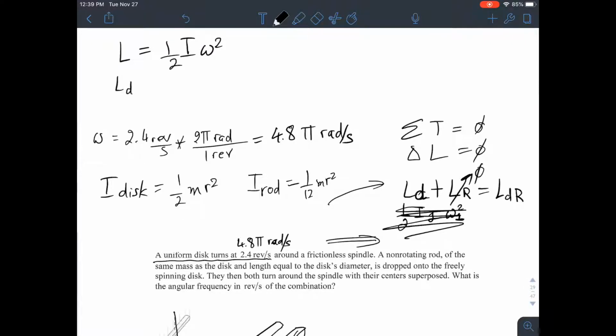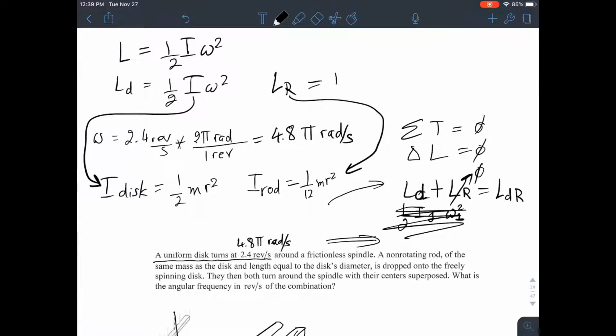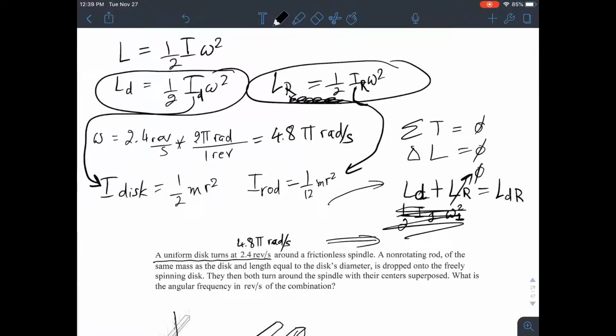What is it for the disk? Well, it's 1/2 again, I times w squared. And the formula that you'll substitute for the disk is this one. And the formula you would substitute for the rod would be this one. Inertia of rod and inertia of disk. Just the formulas are different, but otherwise, the generic equation is the same.